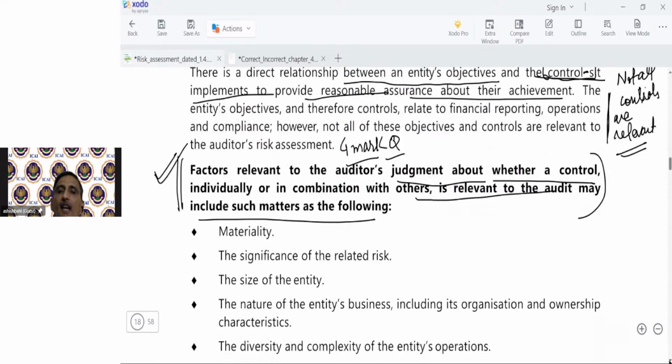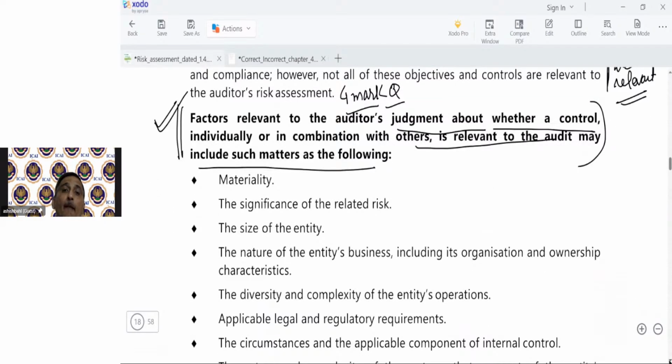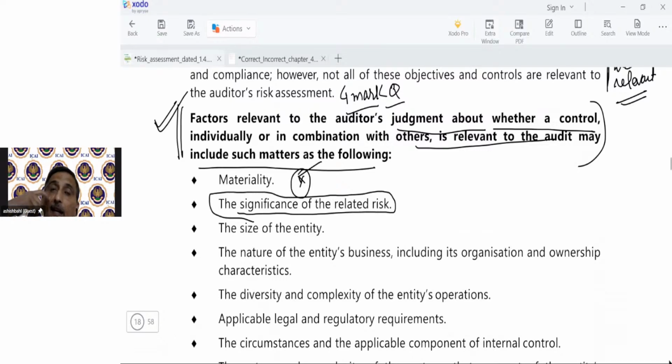Just heading, say factor materiality, whether that is material. And what is the significance of related risk? Say if the control is not operating as intended, then what is the risk, and what is the significance of that risk?